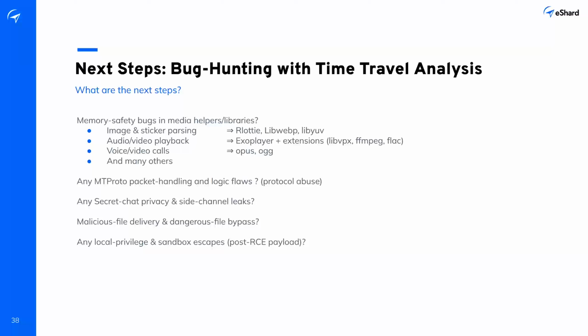Like, is there any way an attacker could leak encrypted messages or sneak a malicious file past the client's defenses? Finally, even if someone manages to execute code on the device, we need to ask whether they can break out of the Telegram sandbox. So all of these avenues, from media parsing to protocol handling to sandbox boundaries, offer promising opportunities for discovery.